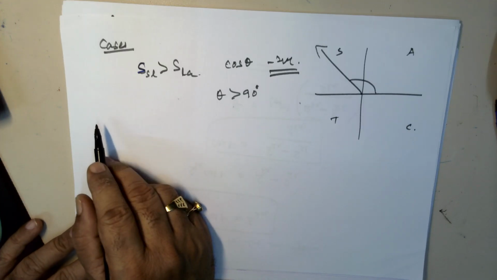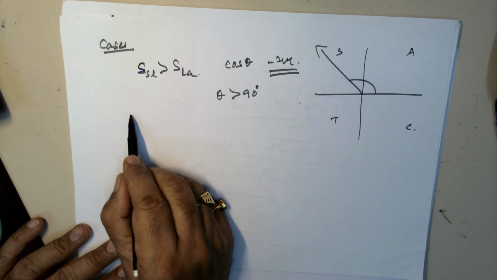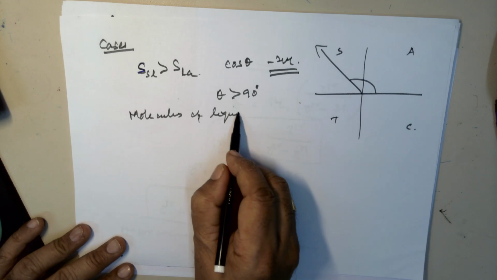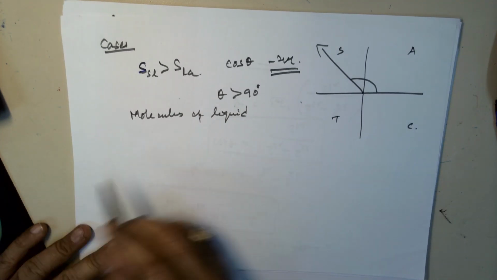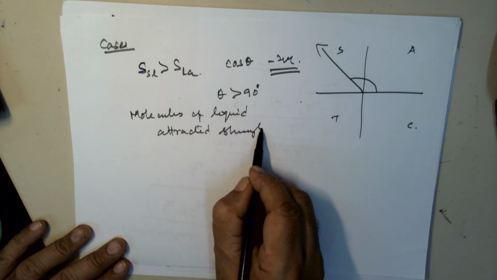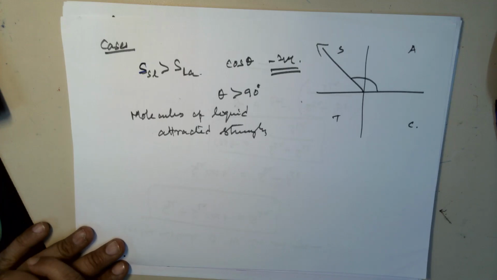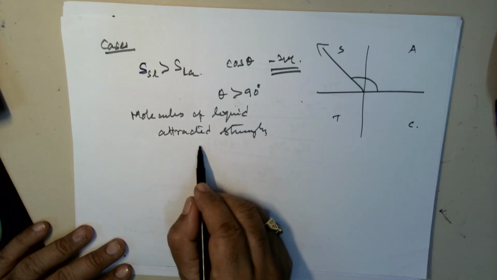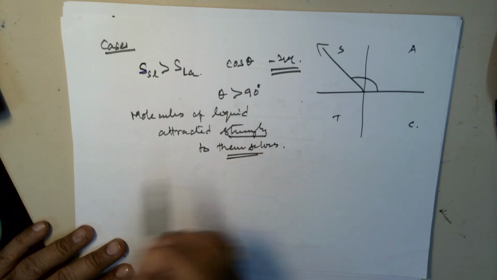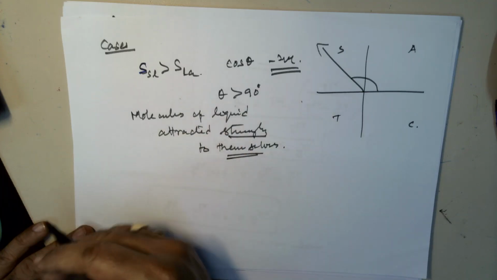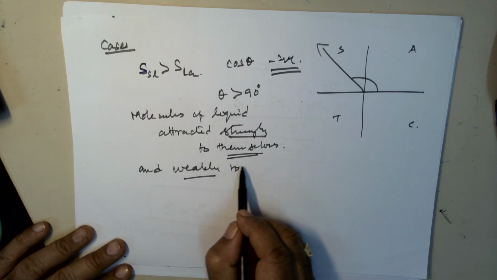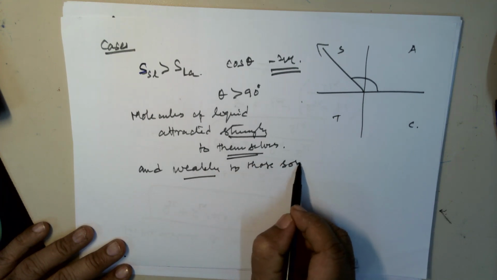So in that case, the molecules of liquid are attracted strongly to themselves, and weakly to those of the solid.